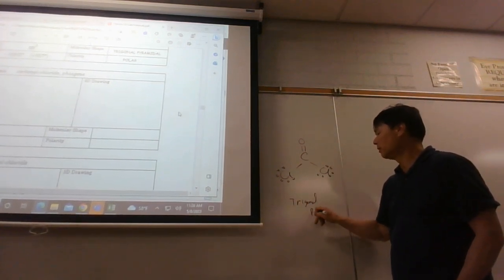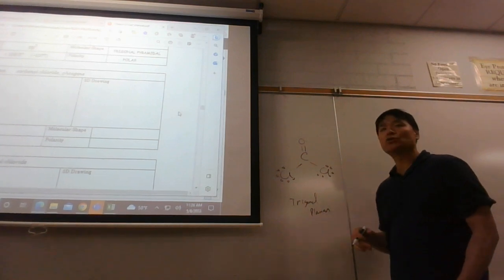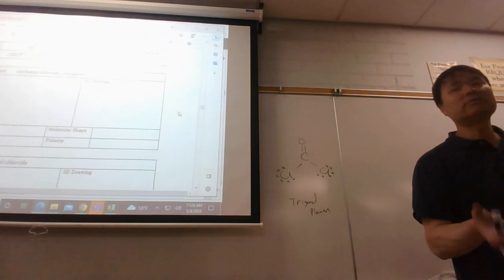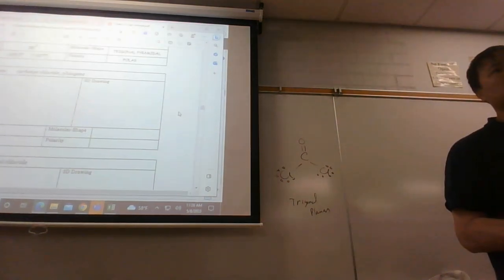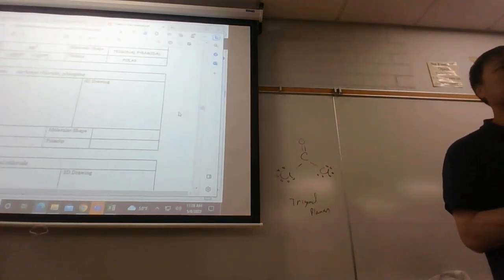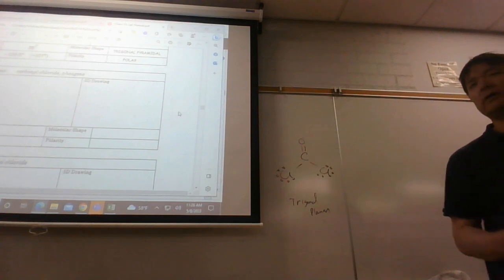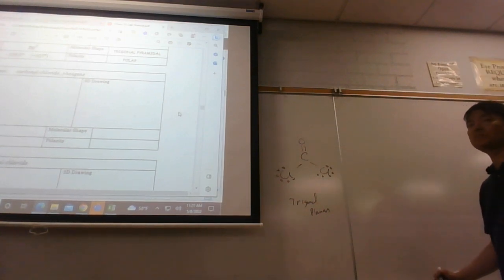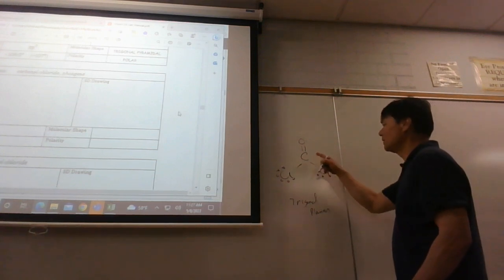Trigonal planar. So what we need is a trigonal planar set of orbitals. Is there a trigonal planar set of atomic orbitals? Yes, there is. What are they? sp2. This has got to be sp2 hybridized.